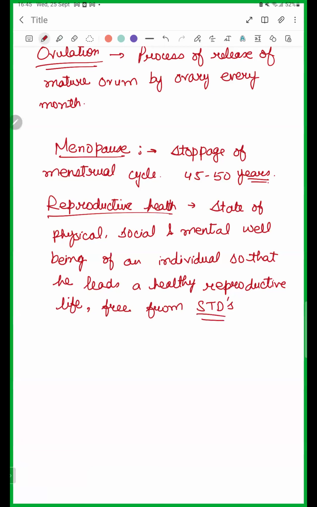There's one more term, which is also called RTI, reproductive tract infection. Basically, we'll be studying different types of STDs. Infections which can take place in the reproductive system are also called RTI, reproductive tract infection.